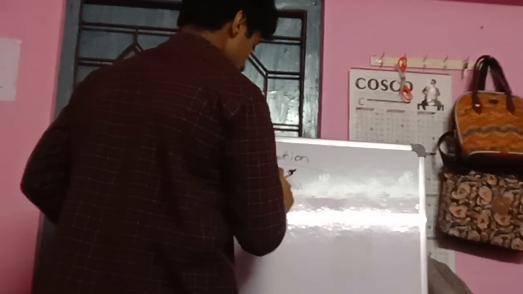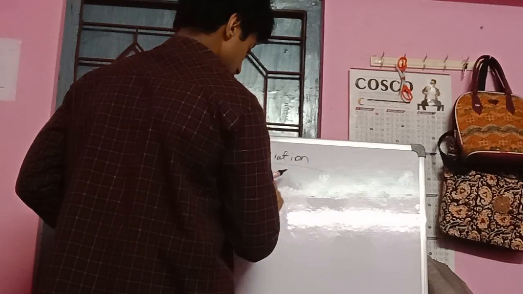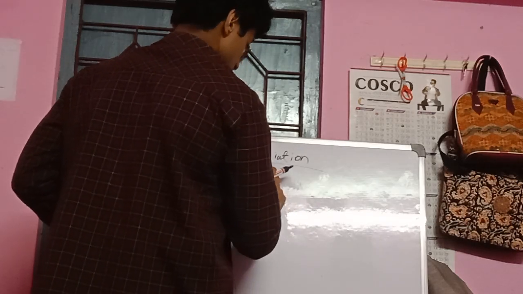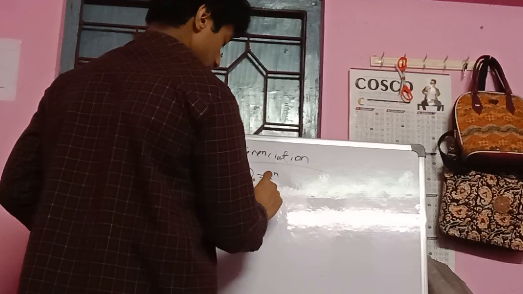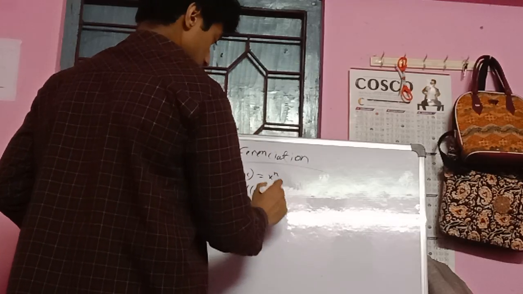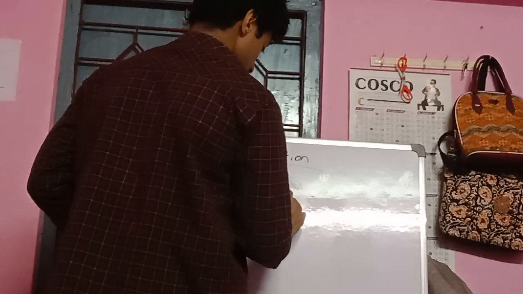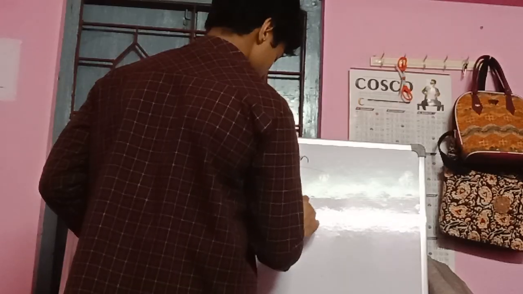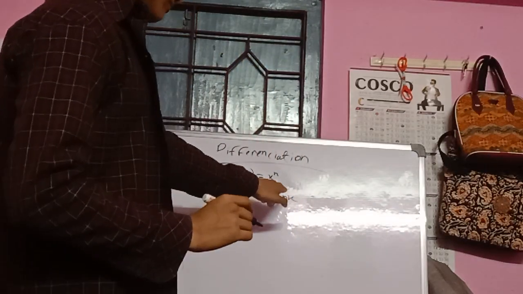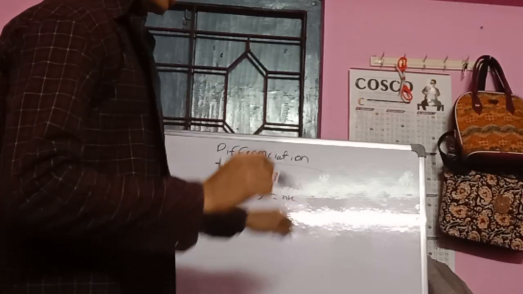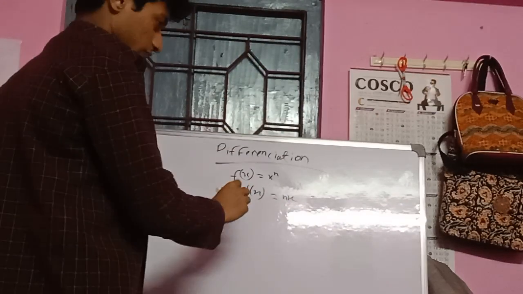So let's say that, because you can see a pattern when I talk about derivatives. First, we have to multiply our variable x with the power that it originally had. So that would be n times x, and then we have to subtract 1 from the power of x.